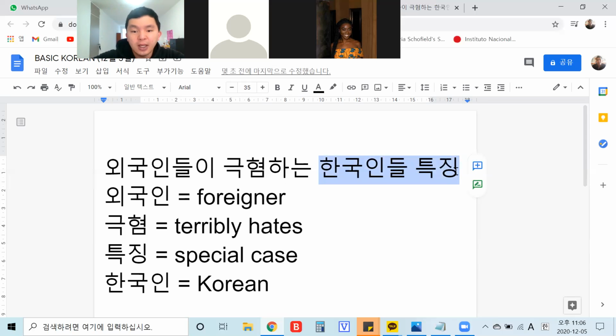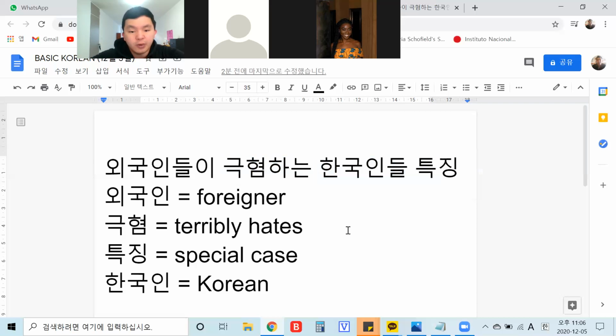한국인들 특징. So we're going to translate this way. 외국인들, 한국인들 특징, 극혐하는, like this. This is the verb, but it's a sentence structure of verb plus noun. So it's not about the finishing verb in the sentence, and it's not really affecting.